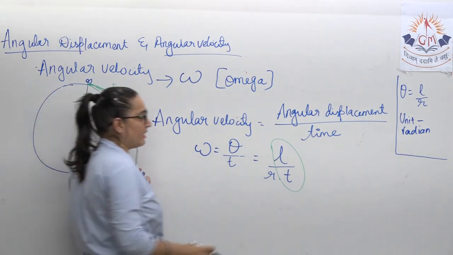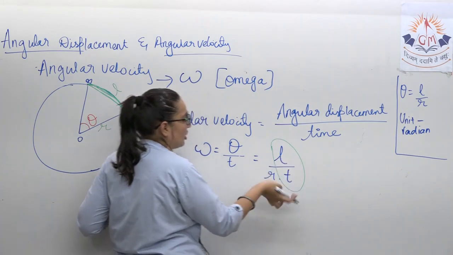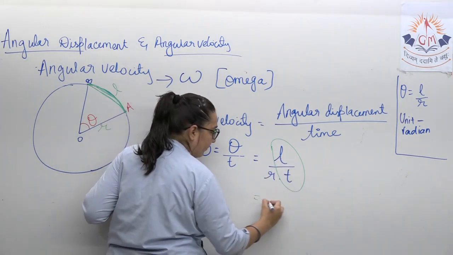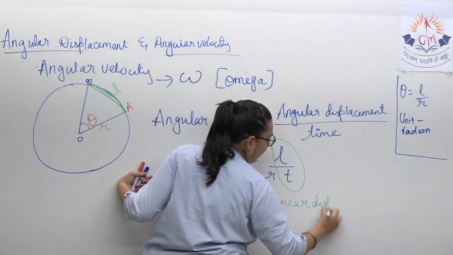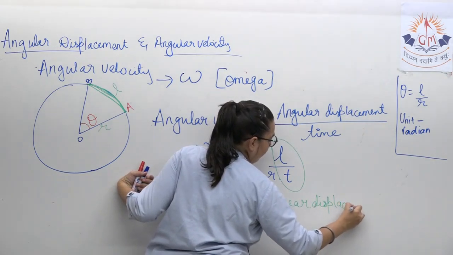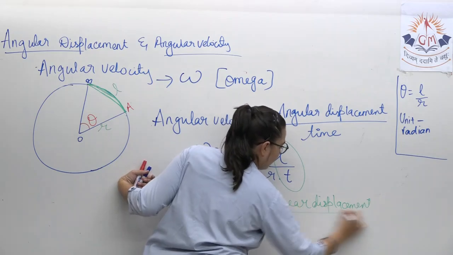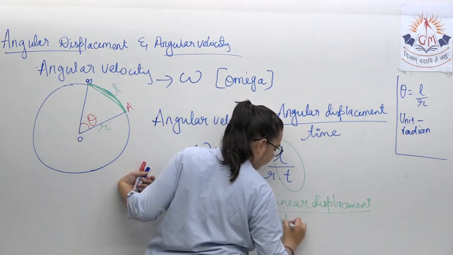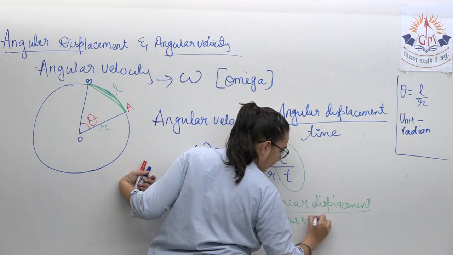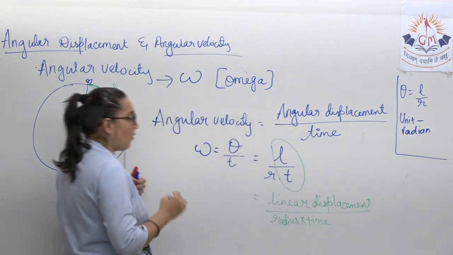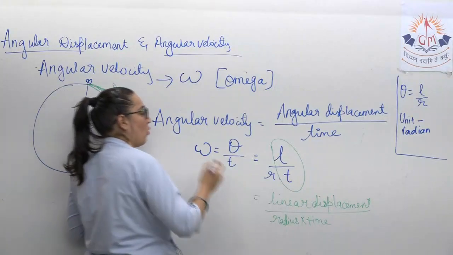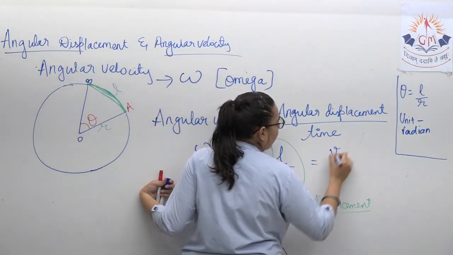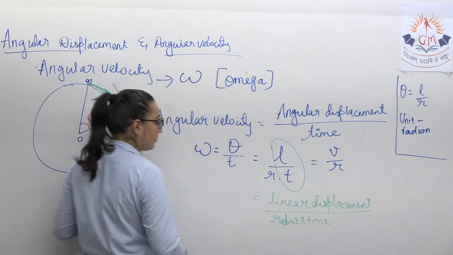So if we consider this as the linear displacement, then omega is displacement upon radius into time. Now what is displacement upon time denoted by? V. So omega is equal to V by R.